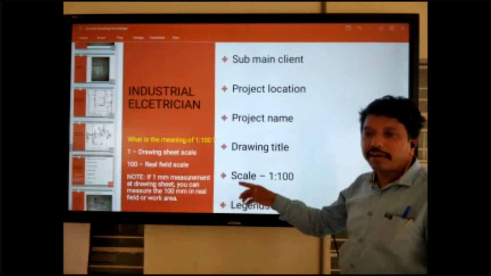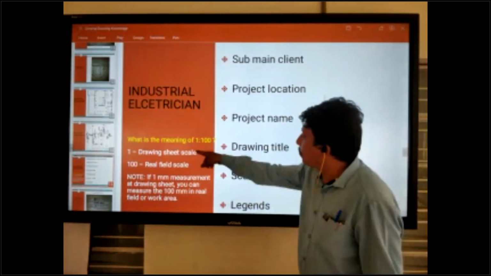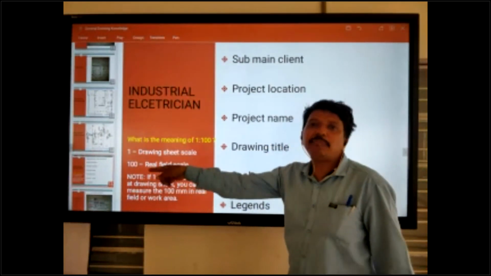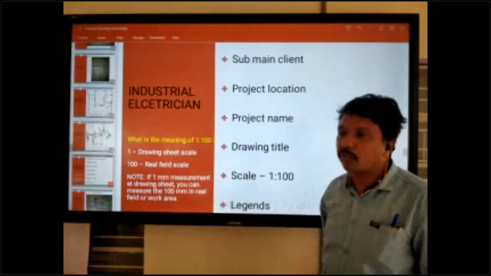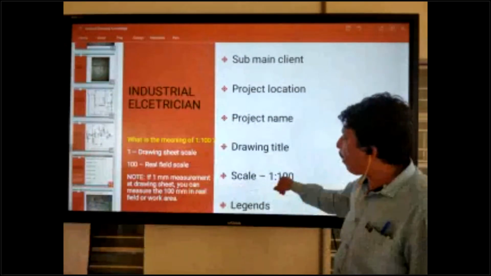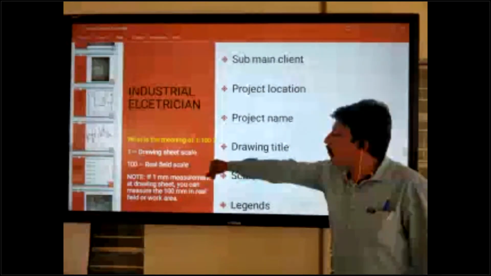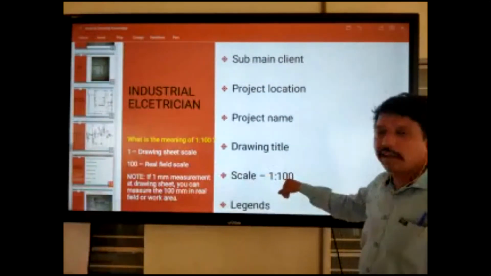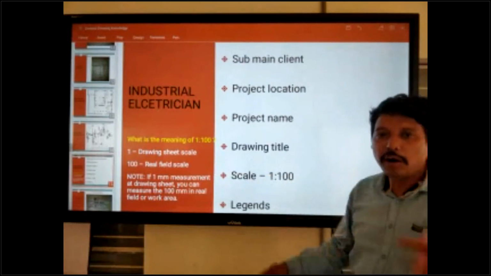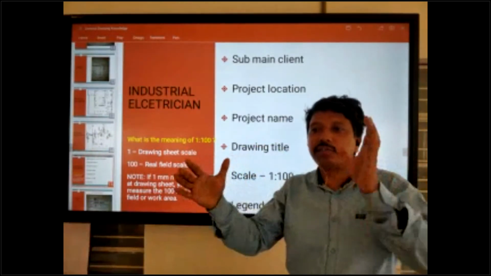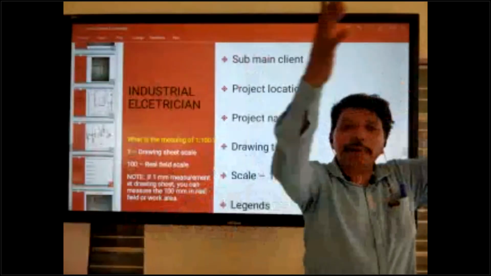So you can measure 1 in your drawing sheet, 1 mm, 1 centimeter, 1 meter, like that. And then after that you can utilize it in the real field scale as 100 mm, because the drawing sheet shows all the building structure.